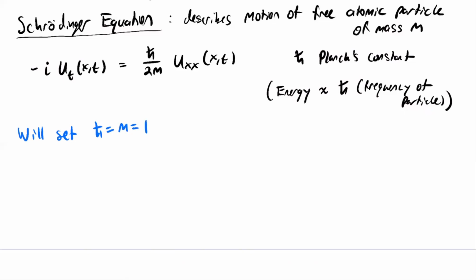This is not physically a valid thing to do, but mathematically it doesn't change the theory that we're going to develop. And so if you're interested in the physics, you can take everything that we're going to do for the rest of the lecture, and just repeat all the same arguments with the actual values of h and m, and you'll be able to get a formula that is maybe more physically valid.